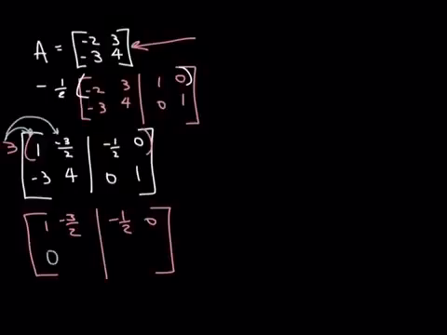This times this is negative 9 halves plus 4 will be negative 1 half. This times this will be negative 3 halves plus 0. And this times this is 0 plus 1 is 1.